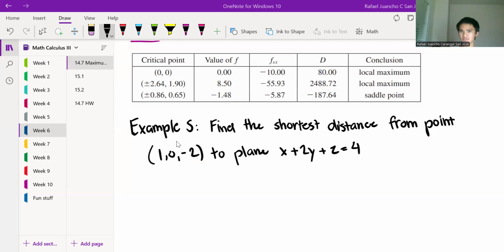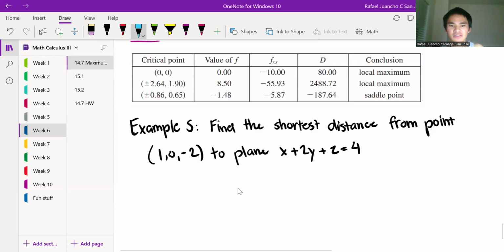So here, we assume it lies on the plane, right? I think that's what it wants us to do. Or something else completely. Where's my z? Oh no, we just assume it lies on the plane, right?